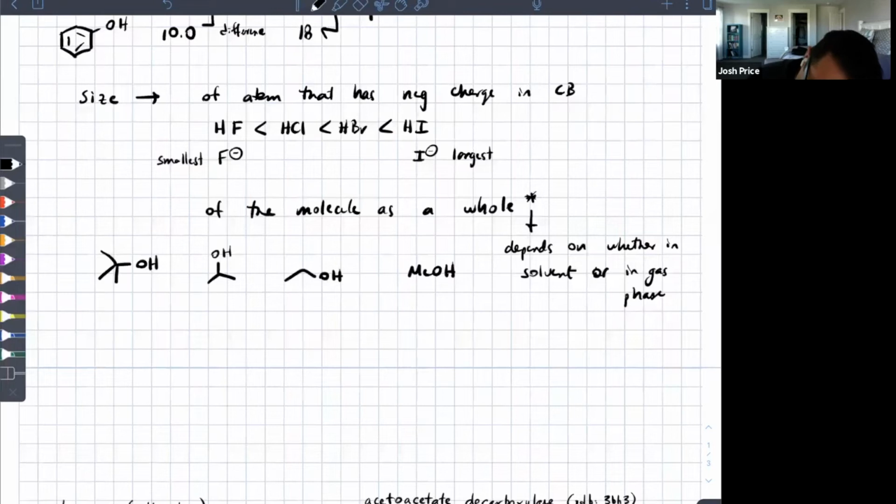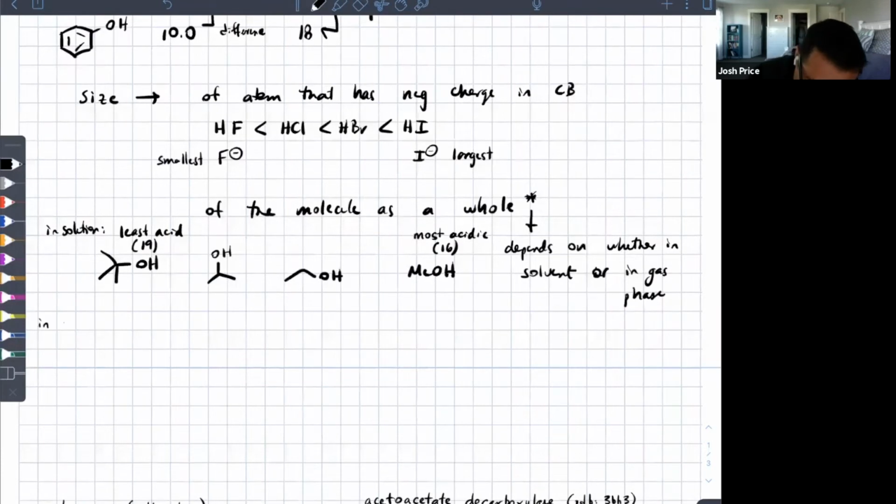In solution, methanol is the most acidic, and tert-butanol is the least acidic. The pKa for tert-butanol is around 19. For methanol, it's around 16.